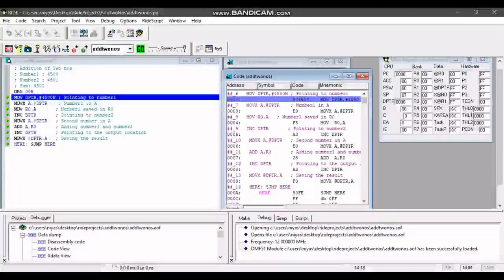Similarly, the assembler will take this assembly language, convert it to the language of numbers and give it to the microcontroller. So the equivalent for MOV DPTR, #4500 is 904500. This is the equivalent machine language.